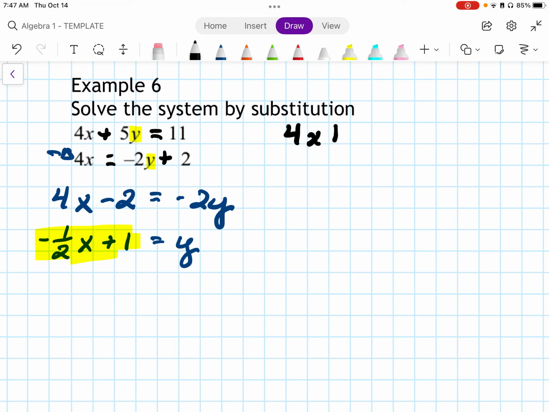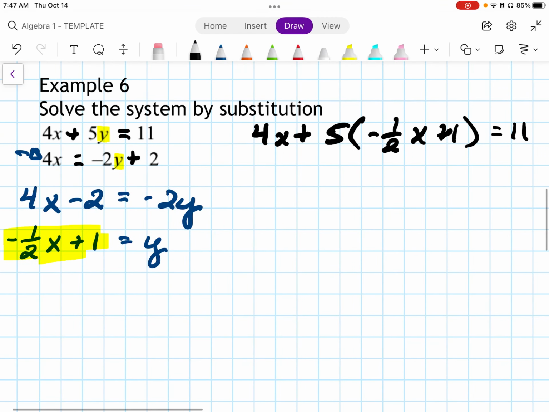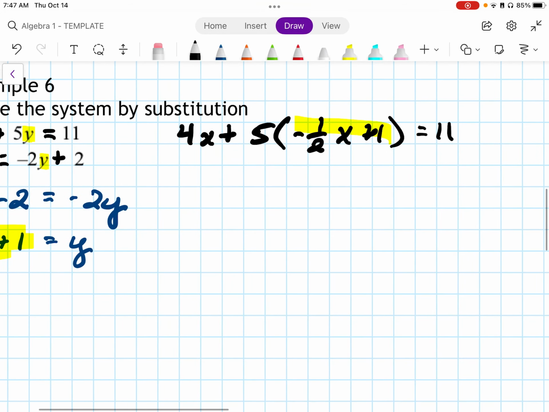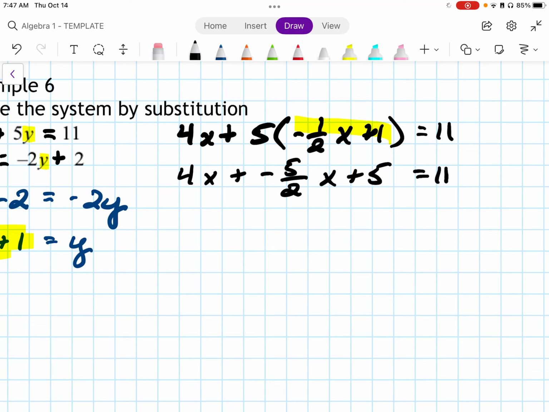So 4x plus 5, parenthesis, negative 1/2 x plus 1 equals 11. All right, I plugged this in. Looks like we're going to end up with a fraction here, but we're going to have 4x plus negative 5/2 x plus 5 equals 11.